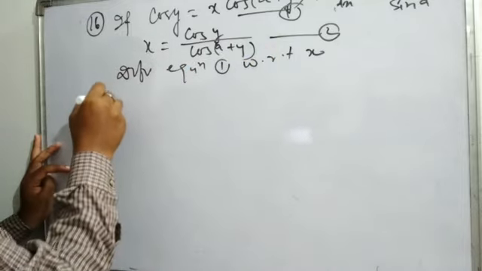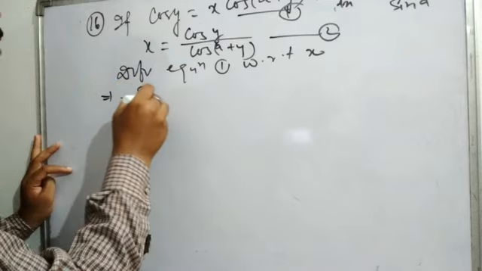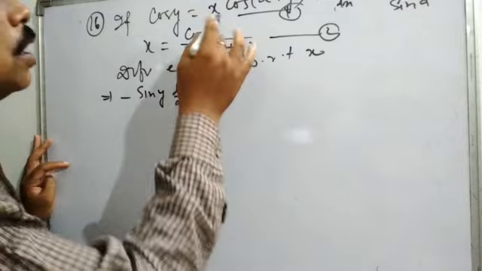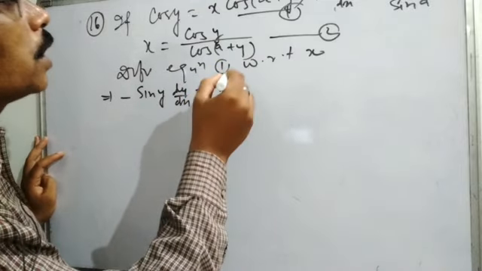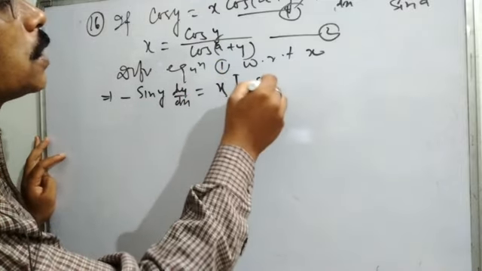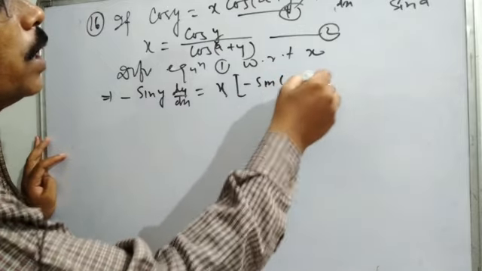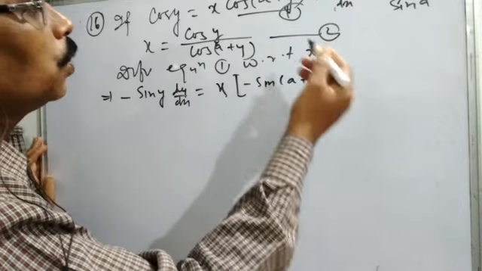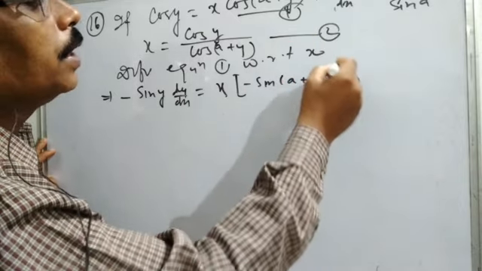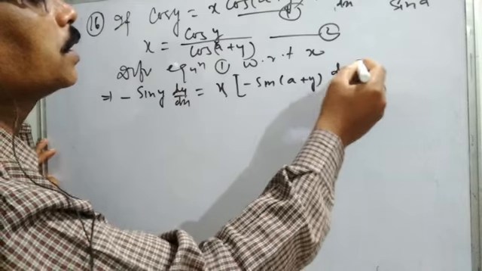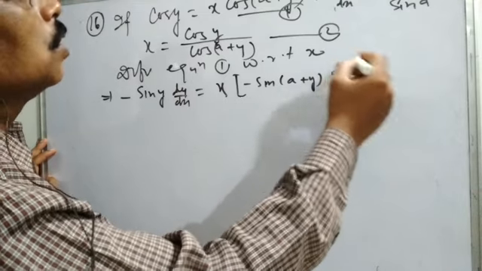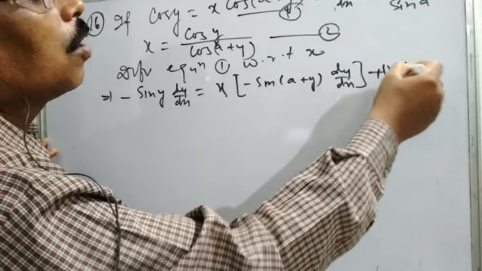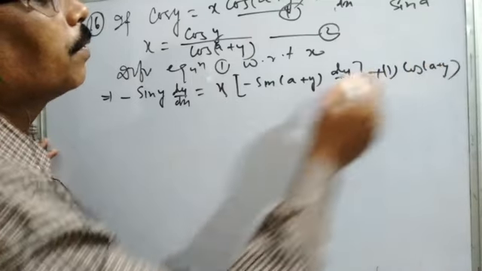So cos y derivative is minus sin y dy/dx. It will be product rule, x constant, minus sin(a plus y) into derivative of a plus y, it will be 0 and y derivative dy/dx. Again whenever x derivative is 1, it will be cos(a plus y).